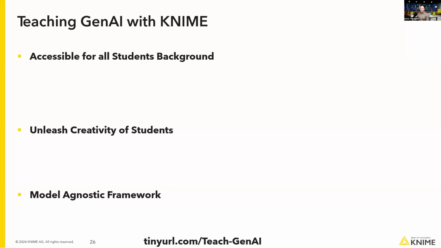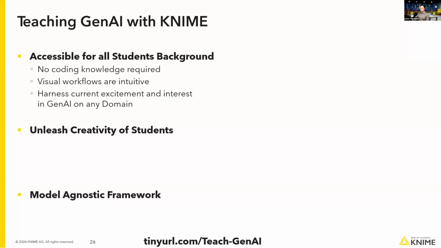So what does accessible for all students' backgrounds mean? The point here is that you might have students that can code, and through coding there are many libraries available out there. But if you have students who are experts in a domain and don't know how to code, you can still teach them to use these GenAI techniques without coding. Also, visual workflows in KNIME are intuitive. And also interesting, with this approach you can change the input data that you provide as context to your large language model.